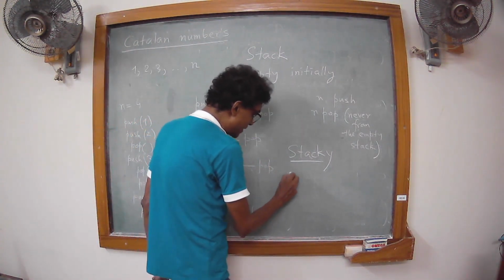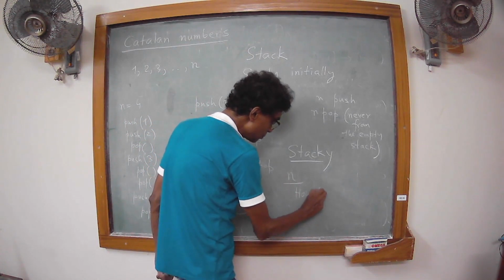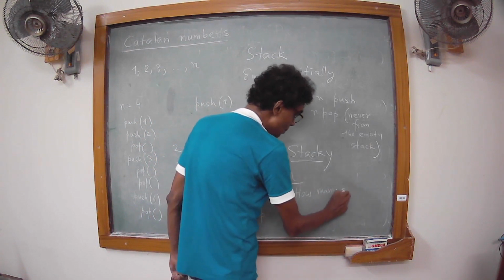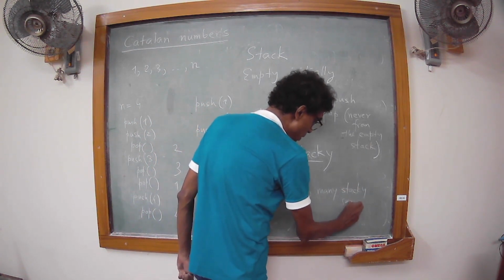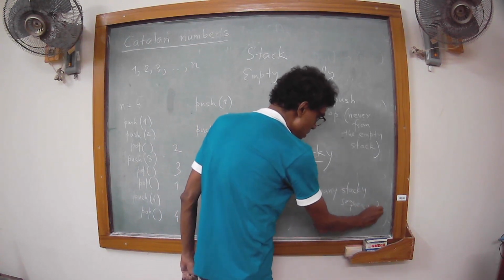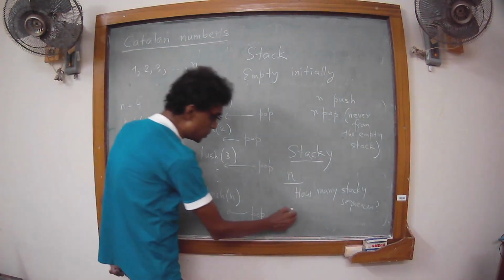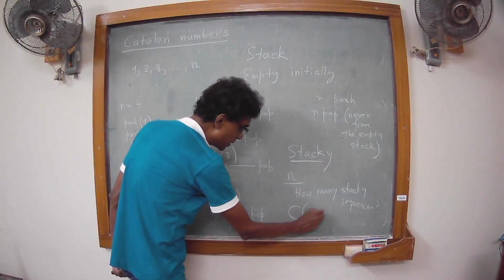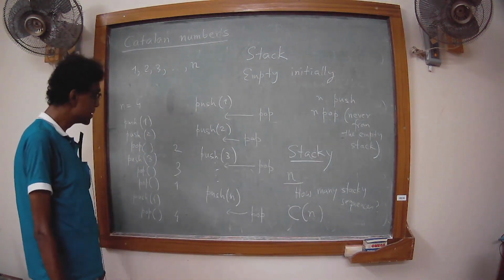So for a general n, how many? The answer turns out to be exactly equal to C of n, the nth Catalan number. Why?